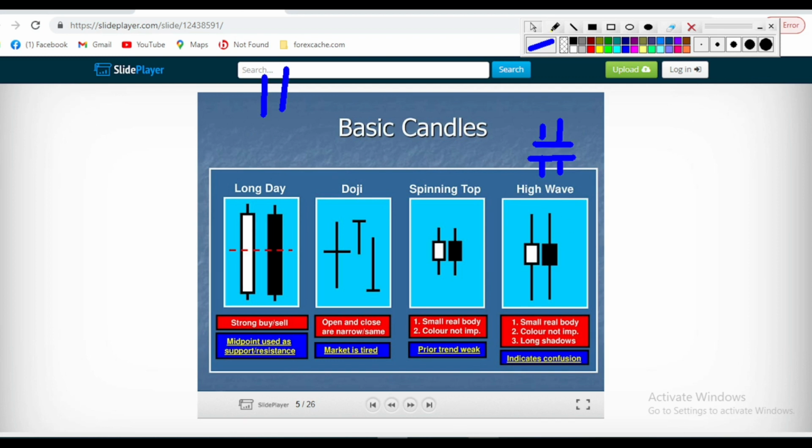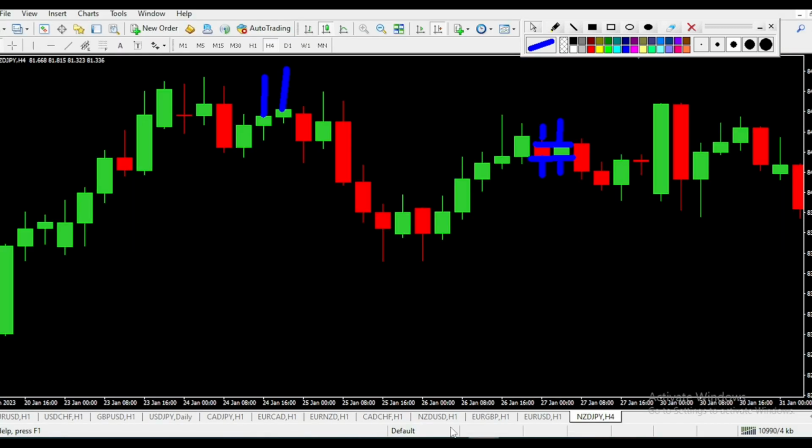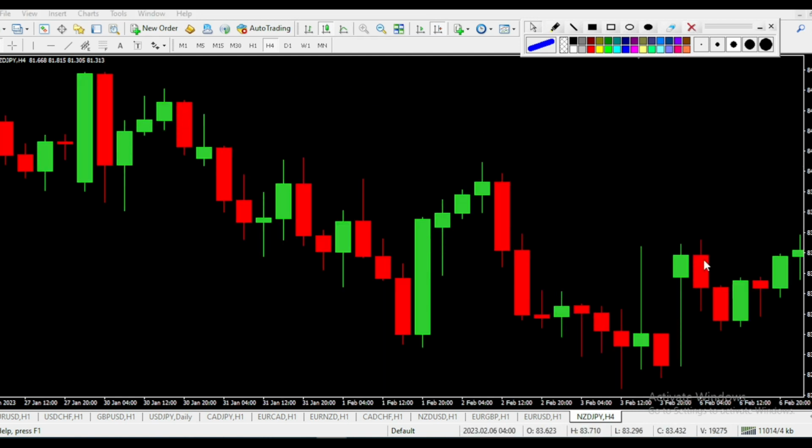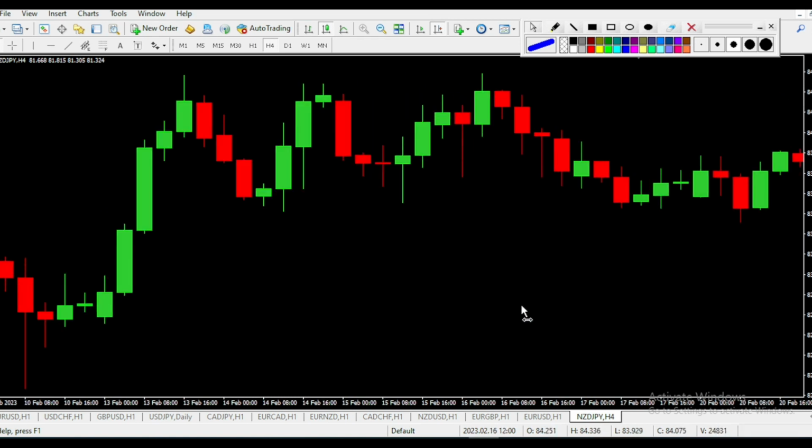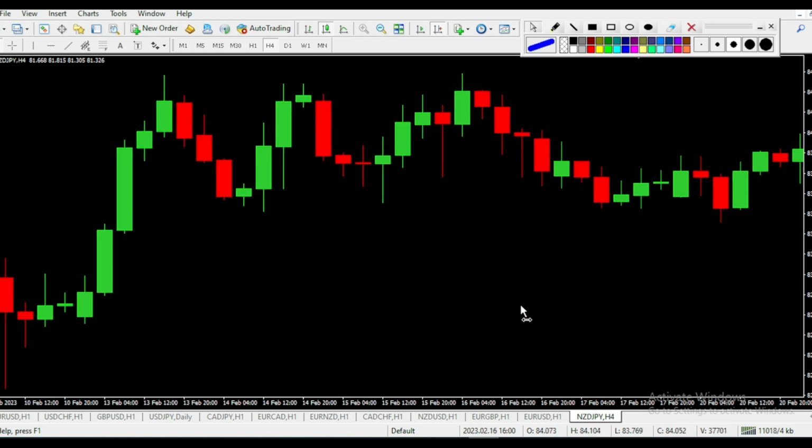Let us check the high wave, whether we can find a high wave in our chart. This one could make one, but let me move. I will show you high waves where they are found.